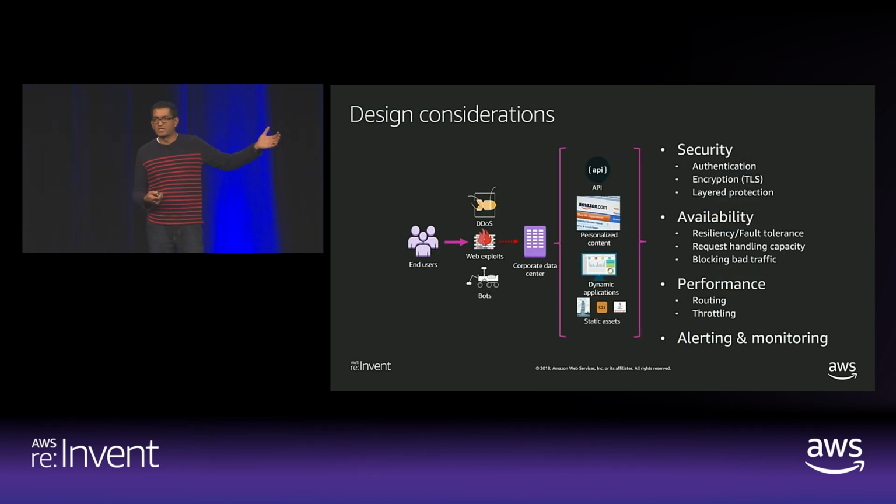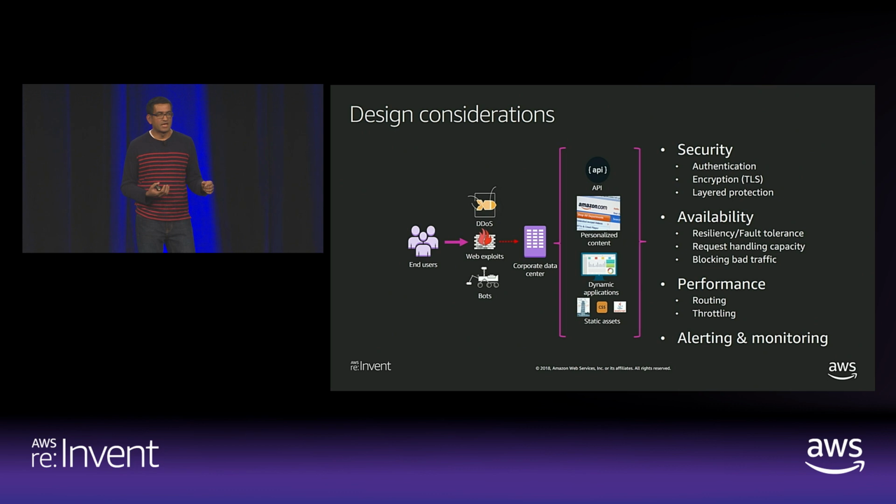But in that previous architecture, there isn't the layer of defense that you would need to mitigate the DDoSes or the web exploits or the bots that could also be targeting your application. So when you think about scaling your application and keeping it highly available and secure, there are a number of other considerations that you have to think through, such as authentication, encryption, TLS, and different layers of protection to make it more secure.